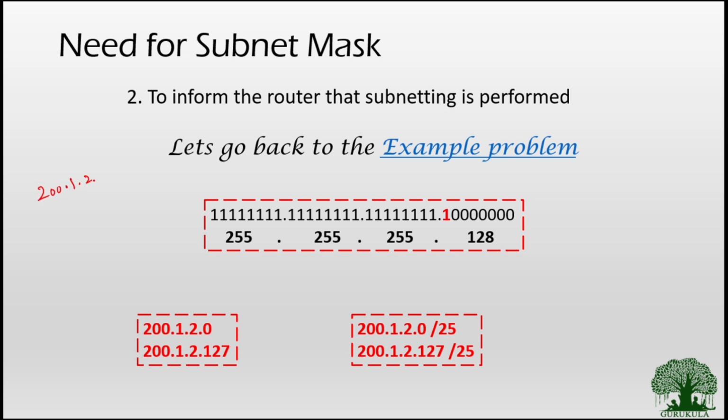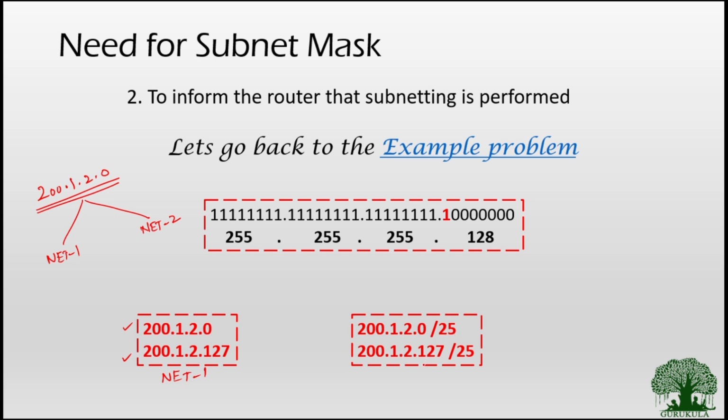The given address space is 200.1.2.0, and we further subdivided this address space into two address spaces. This is the first address space that belongs to net 1, and we subdivided this into net 2 as well. So this is what net 1 is.